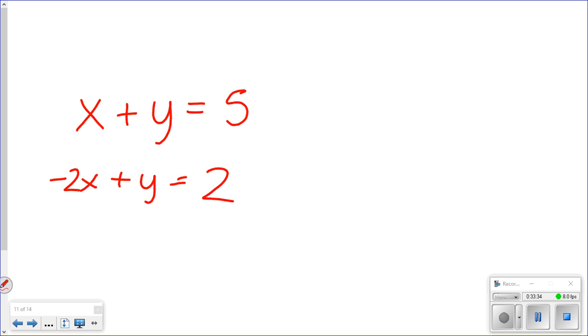Okay, so one of these you need to change. You have to change one of them to y equals mx plus b. So which one would you change? The top one? Seems really simple, doesn't it?